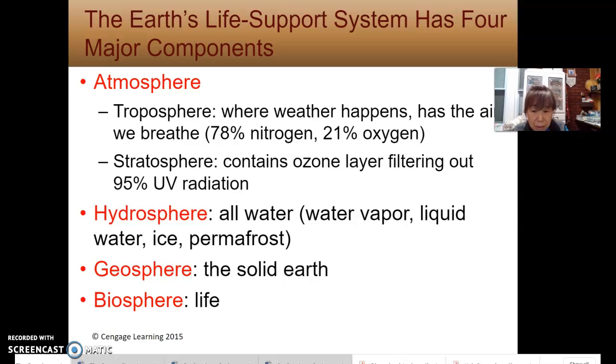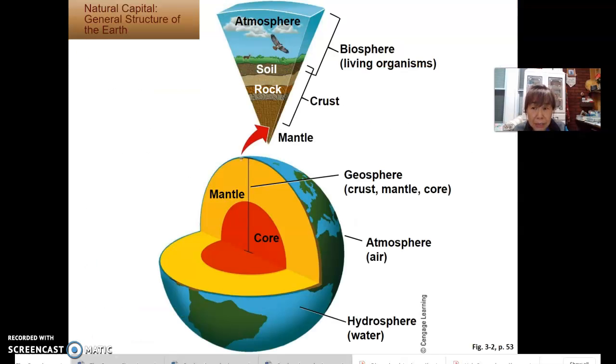The biosphere includes all life, living things. This diagram shows you the hydrosphere, the atmosphere, the geosphere, and then the biosphere, the living things in those 3 spheres.